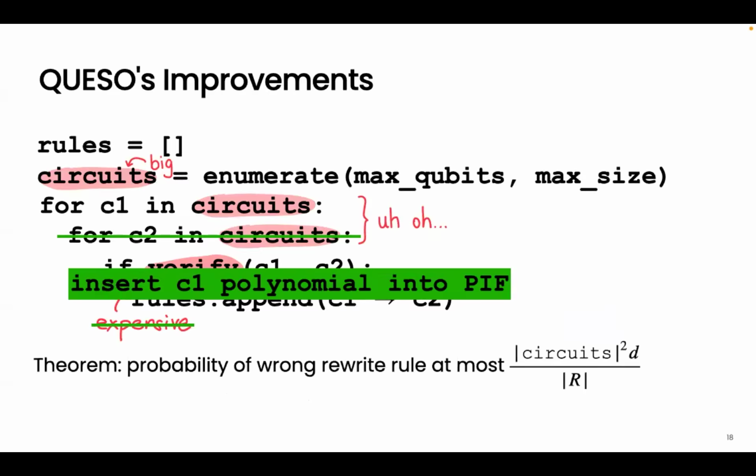The theorem is that the probability of getting a wrong rewrite rule here is at most the number of circuits squared times the probability of failure for one of these tests. The reason it's squared is that we're implicitly performing the Cartesian product, but we're not actually doing that because we just have one.